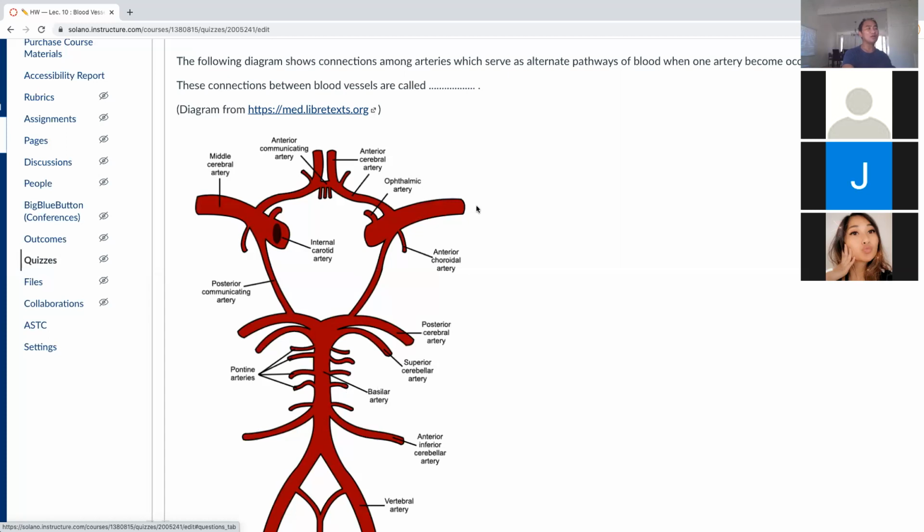This is the internal carotid artery from the left and the internal carotid artery from the right, and then they connect to each other. Look at the way it becomes a circle. That is the way the blood gets distributed inside the brain. That is the arterial communication.